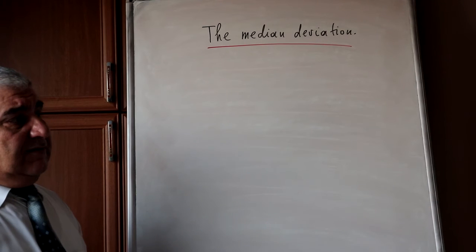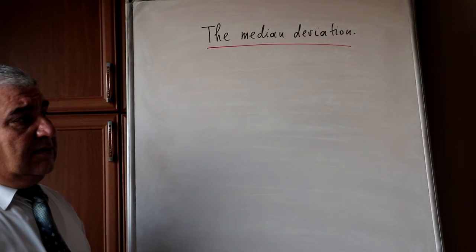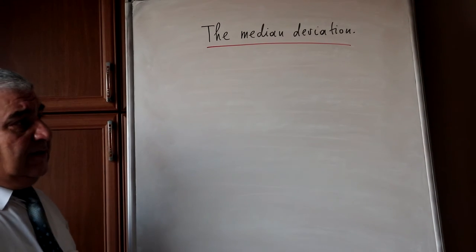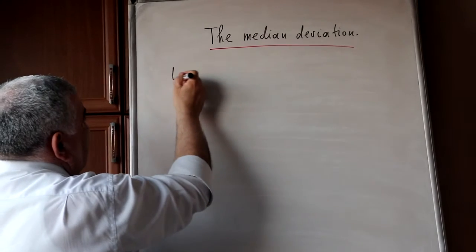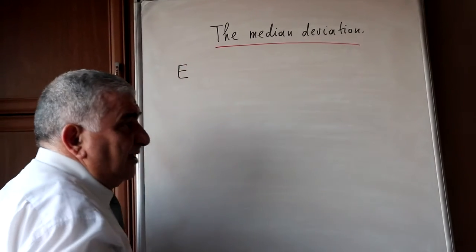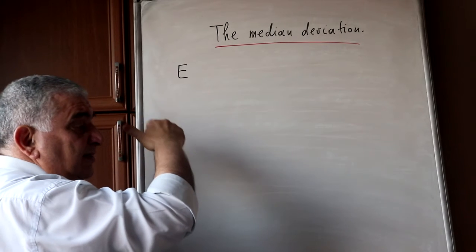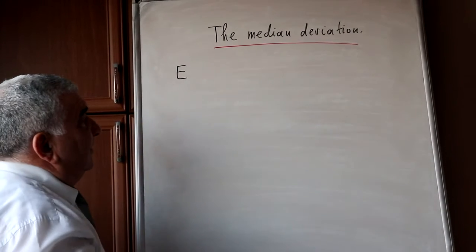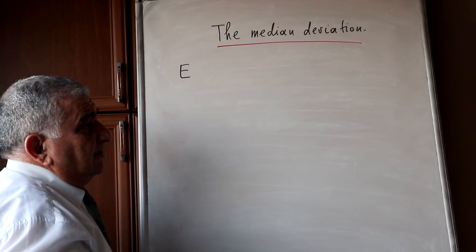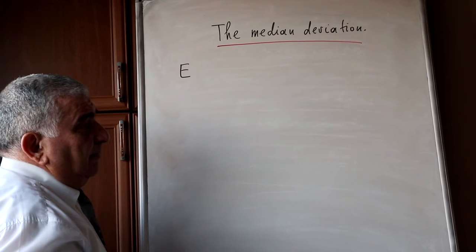This deviation, median deviation, is denoted by capital letter E, Latin letter E, or Greek letter epsilon capital. It is such a number.